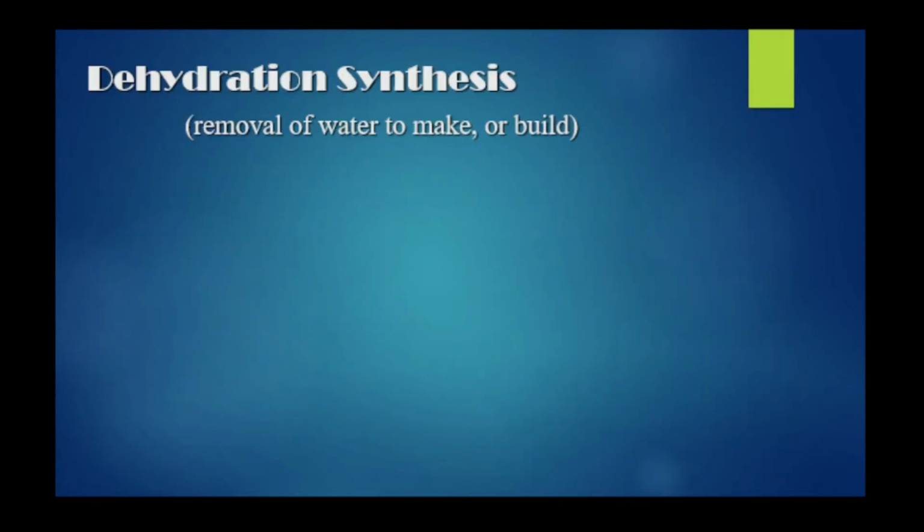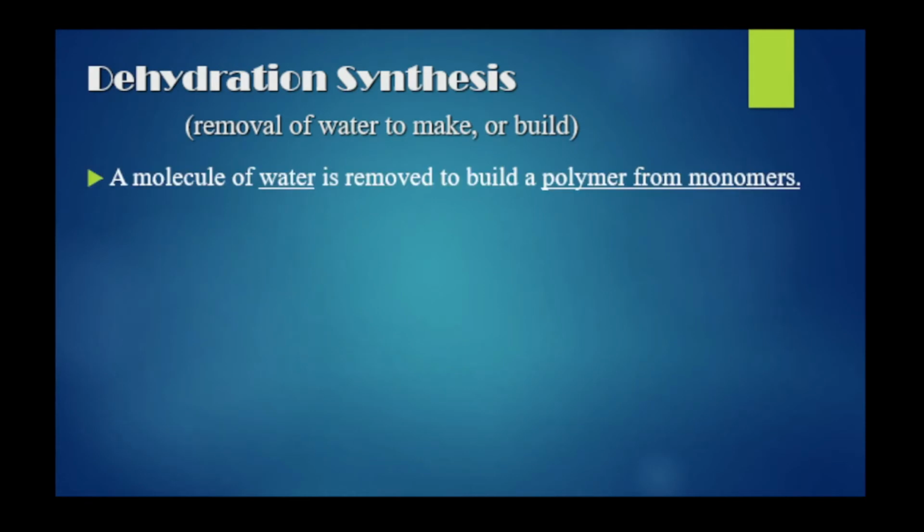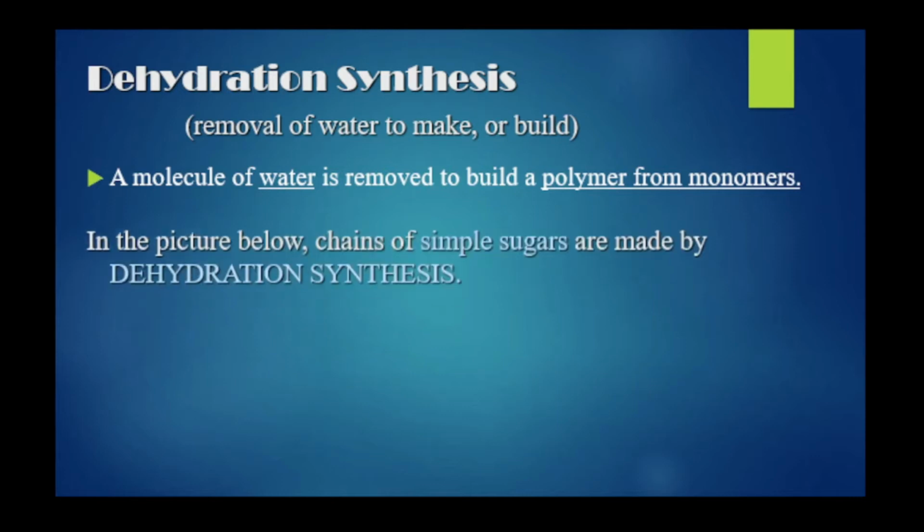Dehydration synthesis: a molecule of water is removed to build a polymer from a monomer. In the picture down below, you will see that this is an example of a polymer.